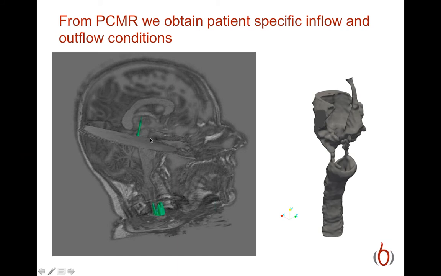So these measurements were in the aqueduct and also at C2 or C3 here, whereas the instabilities were more around the foramen magnum. And of course, in this area here, it's probably very difficult to measure the flow accurately.